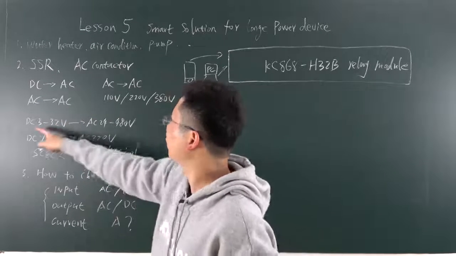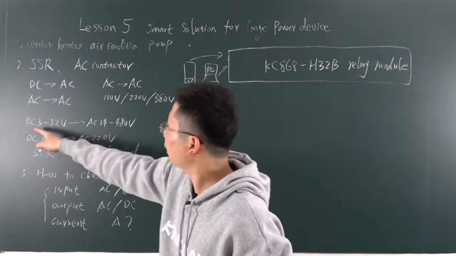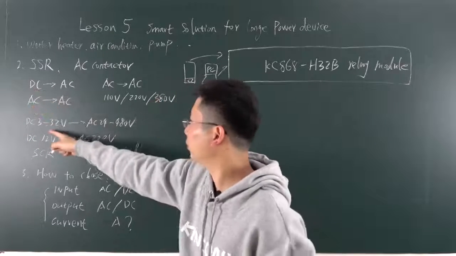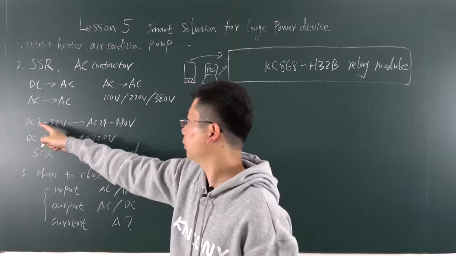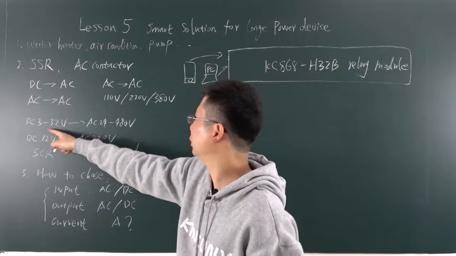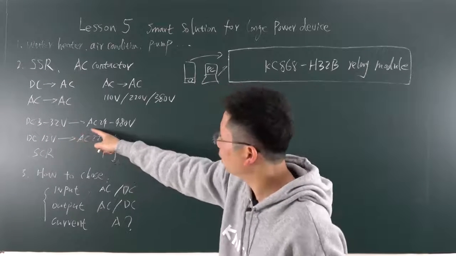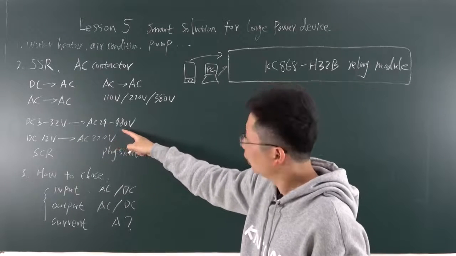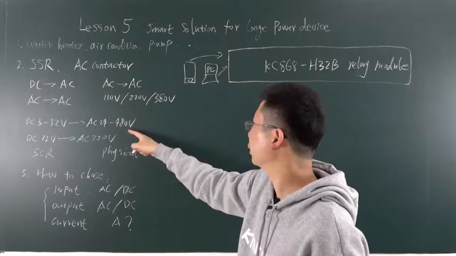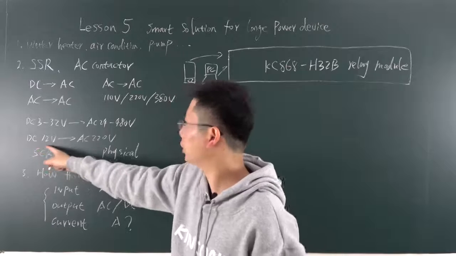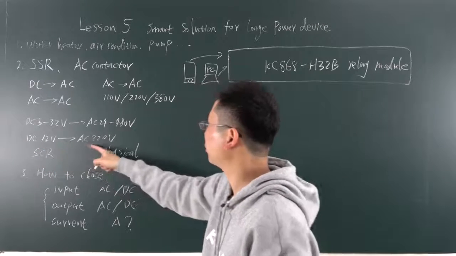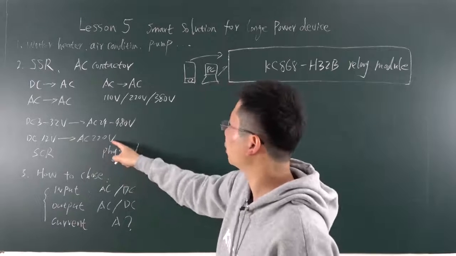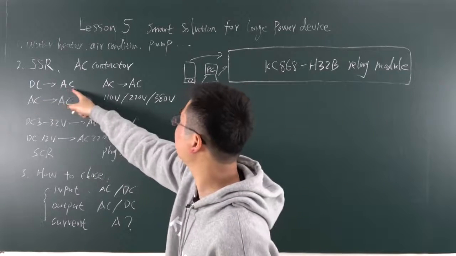The typical one has an input from 3 to 32 volts and can control an AC output in the 24 to 480 volt range. We can use a 12 volt DC input to control AC 220 volt. This is DC controlling AC.